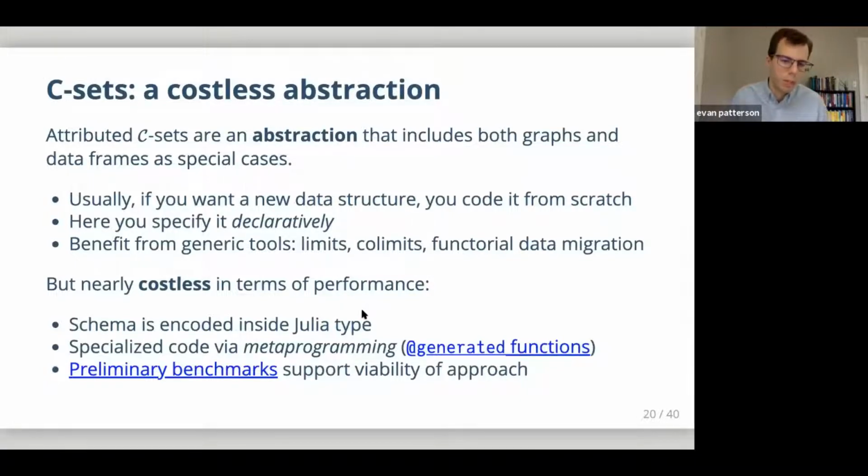And preliminary benchmarks do validate that this yields performance comparable to packages that provide specialized data types, say for graphs.